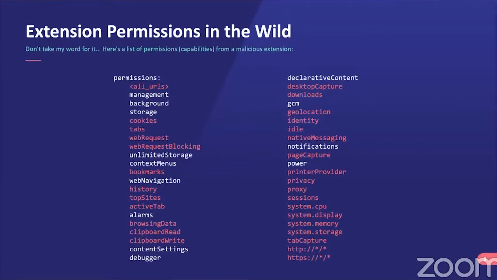Another thing is bookmarks, right? Typically, the vast majority of us have a long list of bookmarks of things we find interesting. So they'll have access to that as well. Your history, your top sites, and your active tab, the tab that you're actively using, they'll have access to that as well, in addition to all of your browser data. And as I mentioned before, your clipboard read and write capabilities as well.